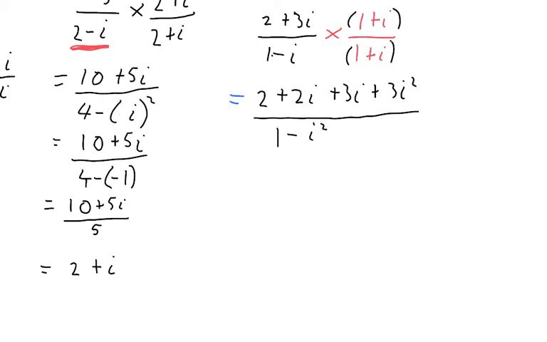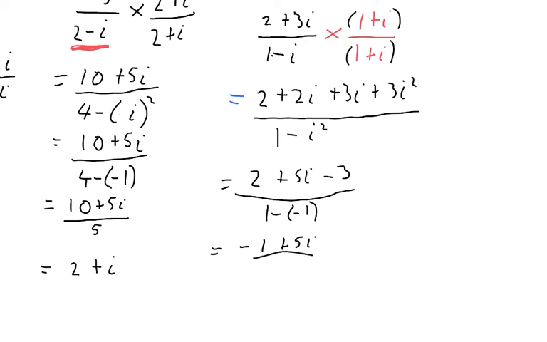We collect like terms in the numerator, and we've got 2 plus 5i. Now that's 3i squared. Remember, i squared is minus 1, so it becomes take 3 over, now we've got take away i squared becomes 1 take negative 1, which equals 2. Collect like terms, we've got minus 1 plus 5i over 1 take minus 1 is 2, so that's 1 plus 1 is 2.